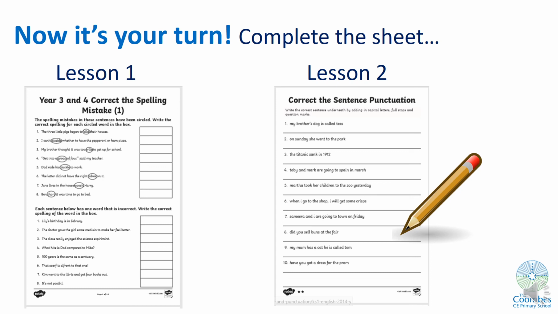Tomorrow, your work is to do with correcting punctuation. Now, if you need to go back through the video again, you're very welcome to, but you don't have to. You can fill in the sheet without listening to the video again. You need to correct the sentence punctuation.